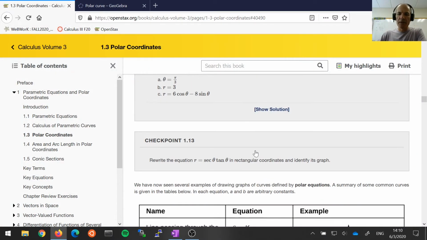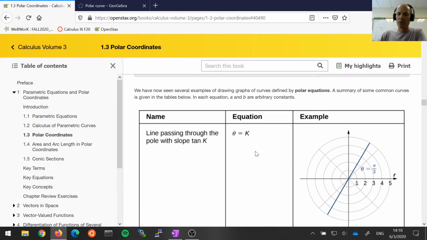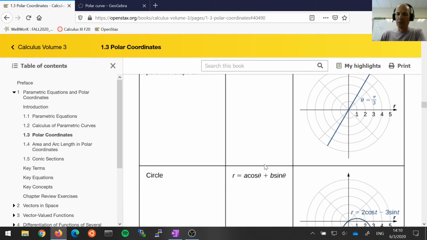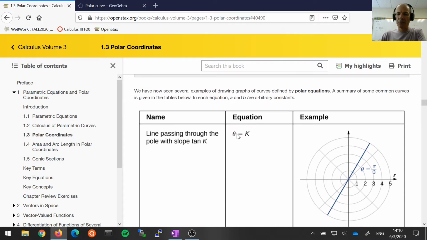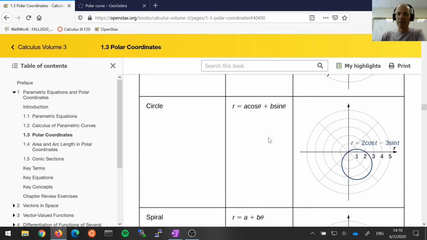Continuing our flyover, here are a few common kinds of polar curves that you'll encounter. For example, a fixed theta, set theta equal to k, that corresponds to a line through the origin with angle theta or angle k. If you see r equals a linear combination of sine and cosine, a cosine theta plus b sine theta, that's a circle.